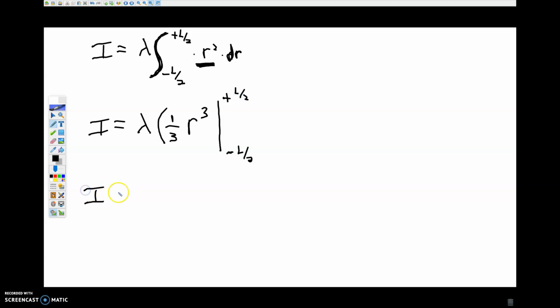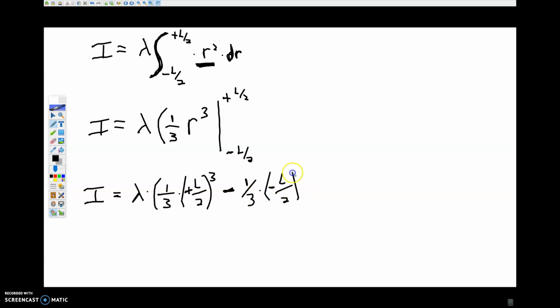And the moment of inertia equals lambda times 1/3 times r cubed. Well, I'm going to put in this boundary here, positive L over 2, and that's going to get cubed, minus, I'm going to put in this here, 1/3 times negative L over 2 cubed.